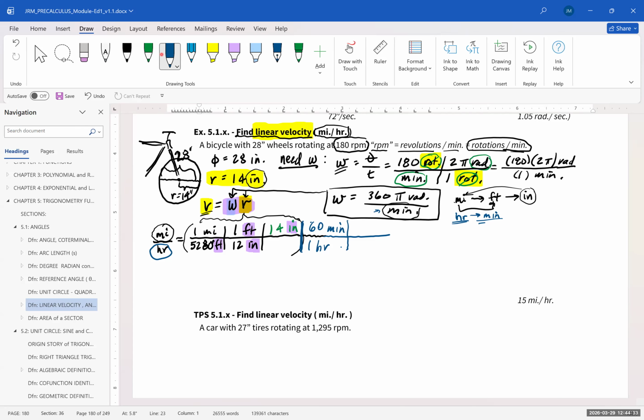And now we know that we've got 360 pi radians per 1 minute. So this will cancel out our units of minute with minute.